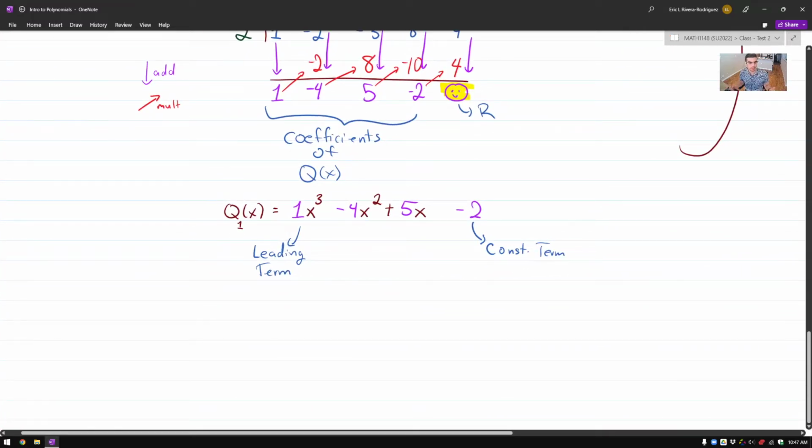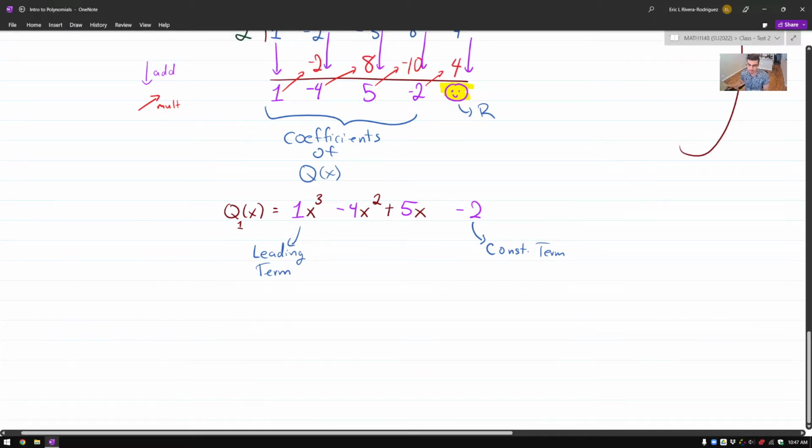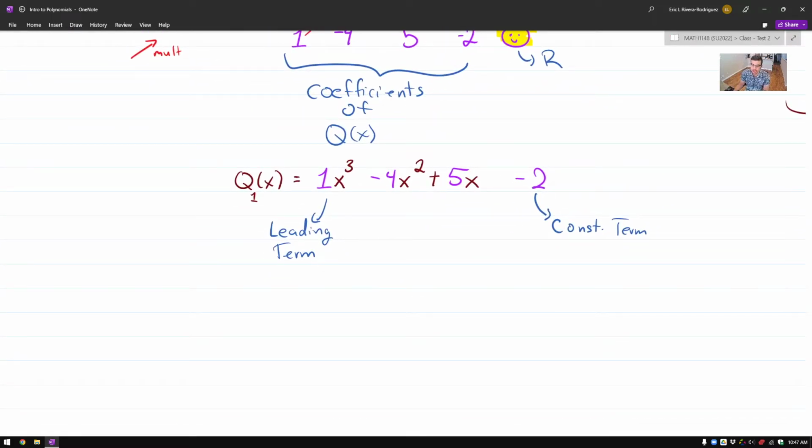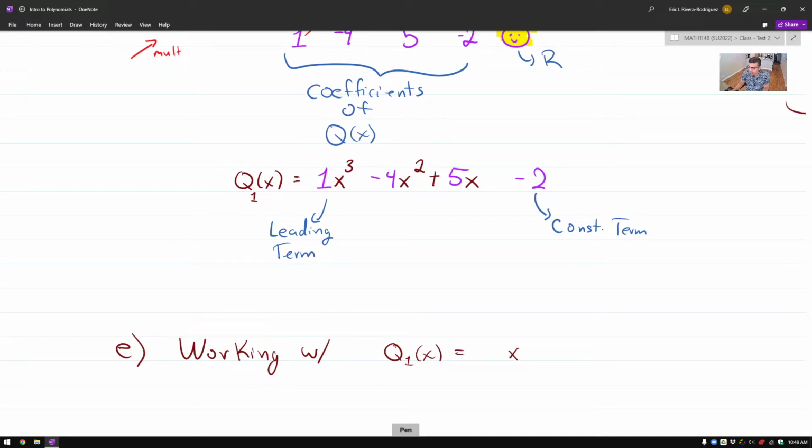And we are going to repeat the process with this new polynomial. The polynomial that we are going to be working with is this one. So the next step will be working with Q1. I'm going to omit this because that's just 1, so x squared minus 4x squared... I mean, 1 minus 4x squared plus 5x minus 2.